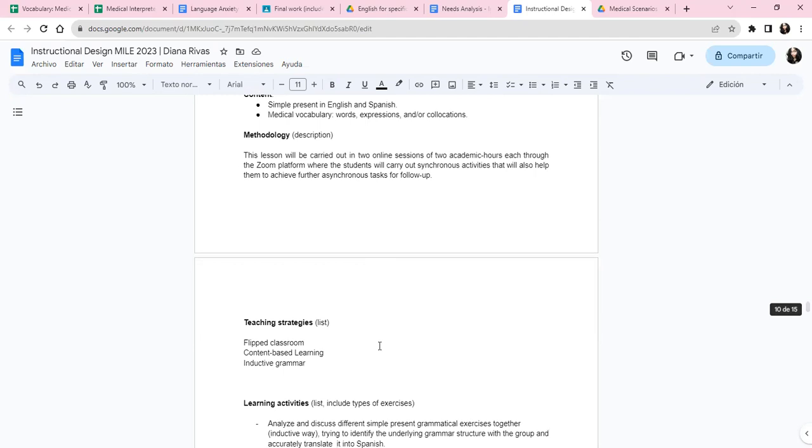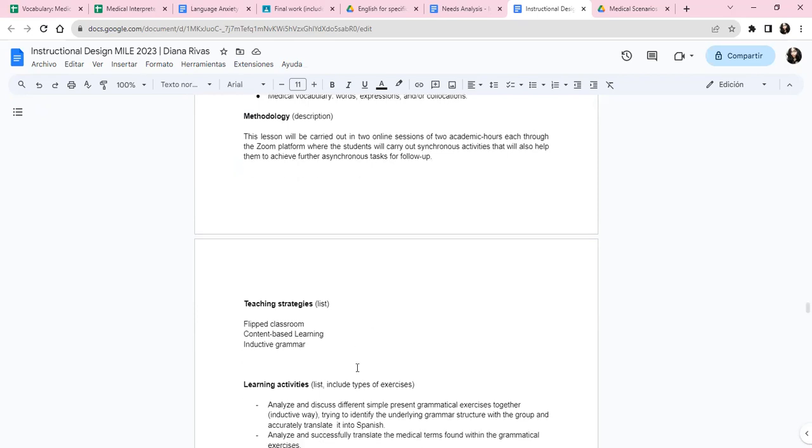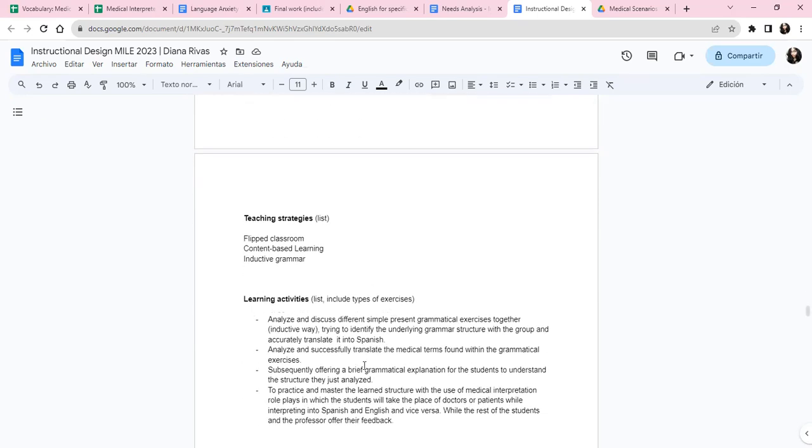The methodology would be, this lesson will be carried out in 2 online sections of 2 academic hours each through the Zoom platform, where the students will carry out synchronous activities that will also help them to achieve further asynchronous tasks for follow-up. So the teaching strategies for this lesson would be flipped classroom.